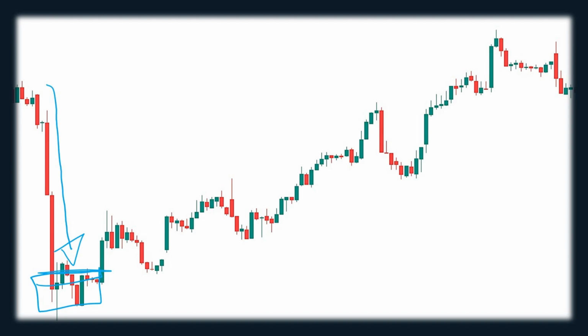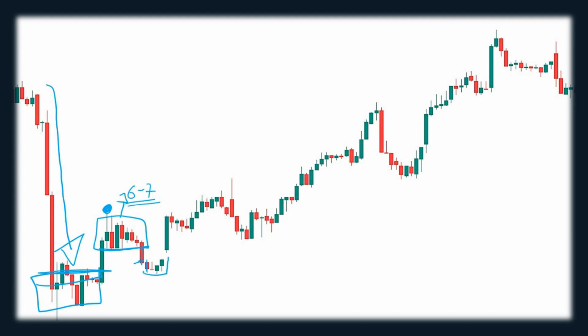You can see the candles forming here overlapping each other, 6 to 7 candles inside this big candle. So we are seeing more of a sideways market here, and then finally this range broke down and this candle closed bearishly.